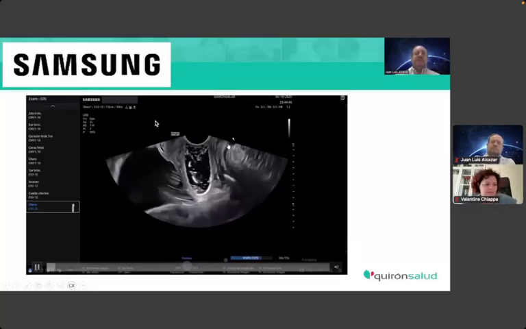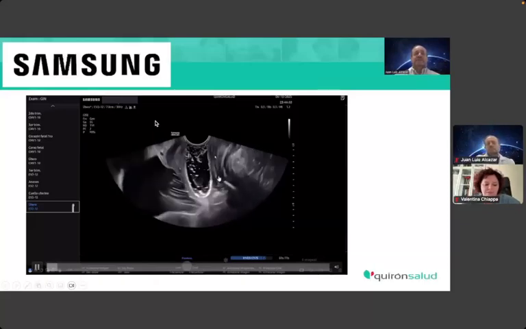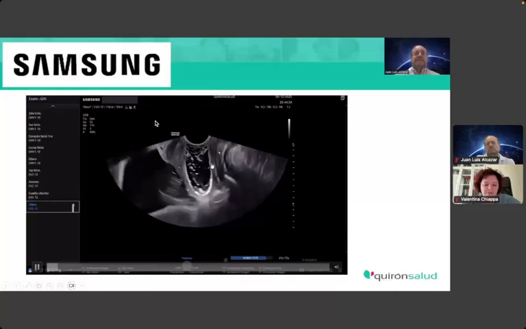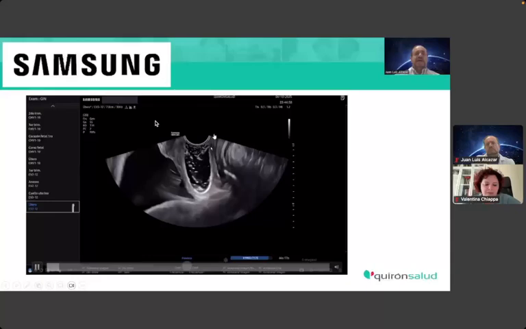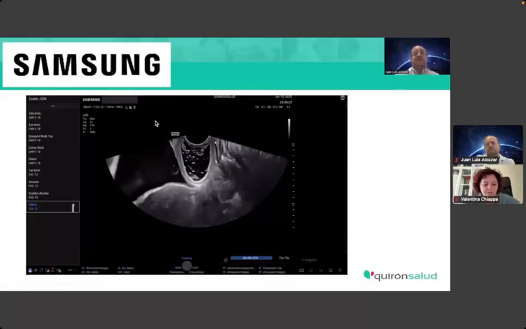This is the anal canal. This is the levator ani muscle, and then you see the sliding in the rectovaginal septum, which is this tiny hyperechoic area. So the sliding means that the rectovaginal septum is not involved at all because the sliding is present.